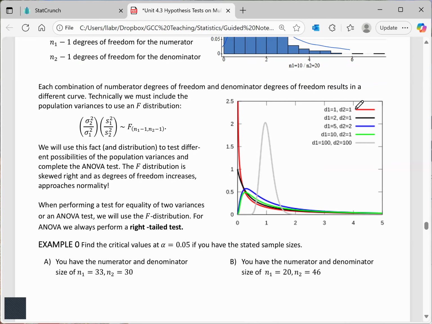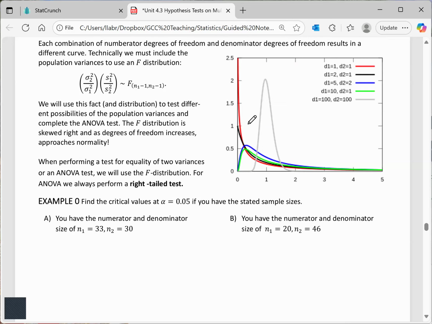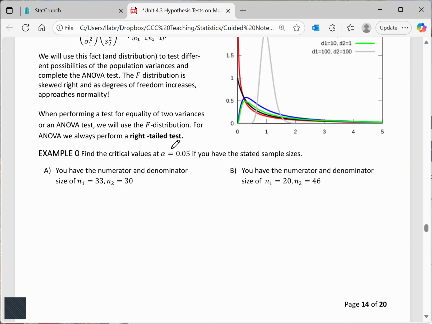If the degrees of freedom is 1 and 1, you get the red curve. If it's 2 and 1, you get the black curve. And most of the time for us, we're going to get something that looks like the blue or the green curve. And the larger this is, the closer this goes to something that more or less looks normal, which we've seen before. So to practice, let's go ahead and find a critical value of alpha.